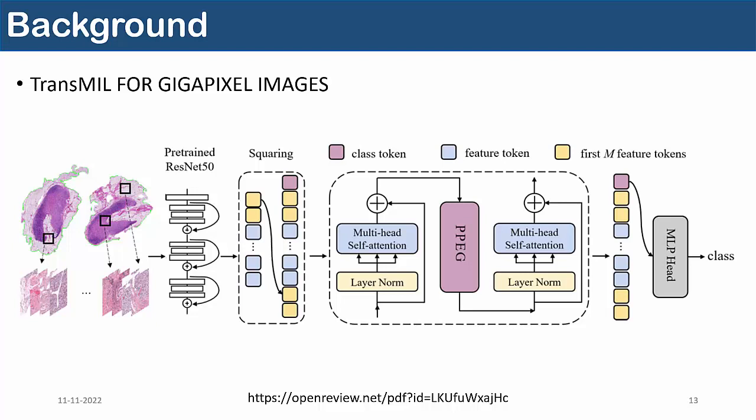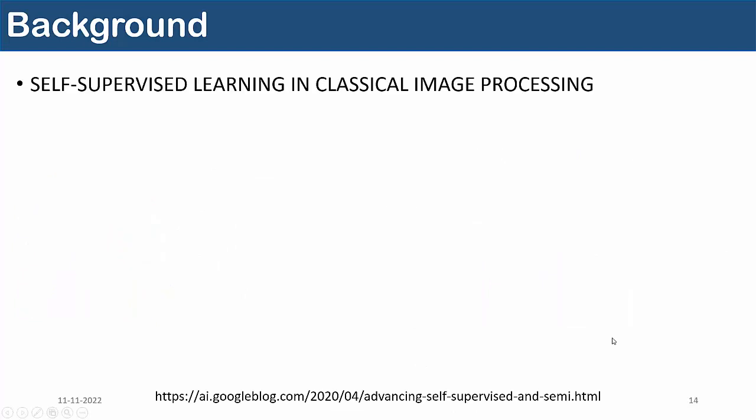So it basically takes advantage of the CNN's ability to aggregate context information. So this is one of the ways of performing MIL for gigapixel images, and this work has been published in 2022 itself. And it shows some very promising results.